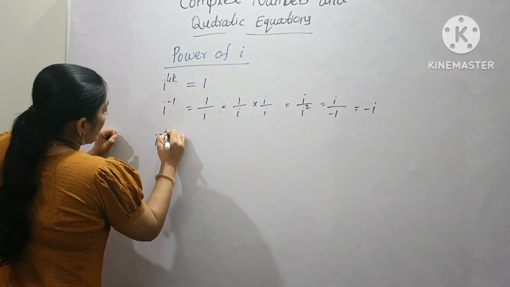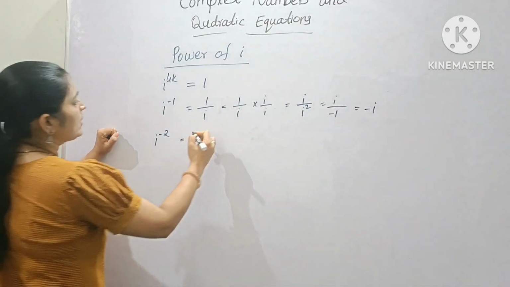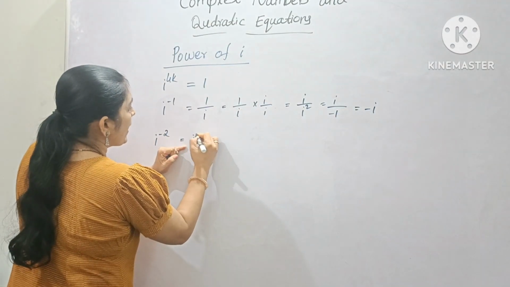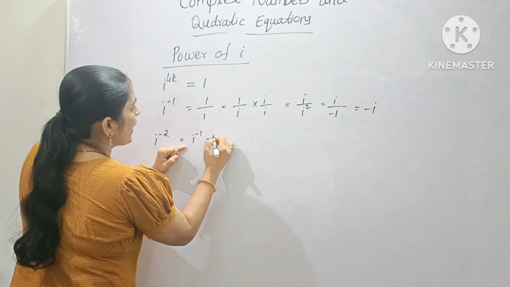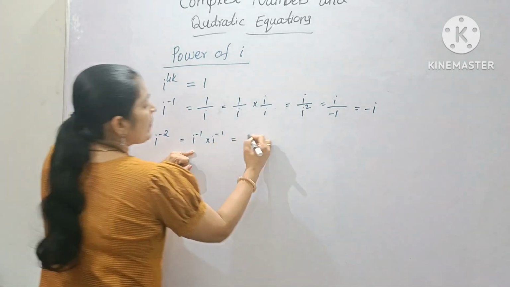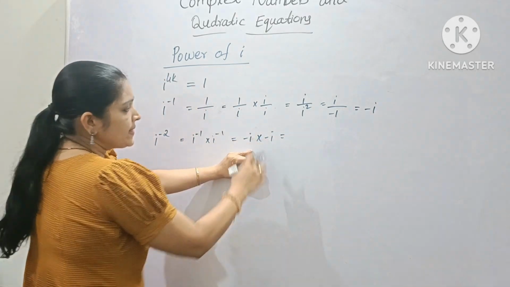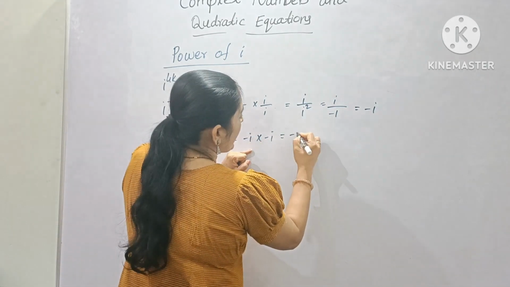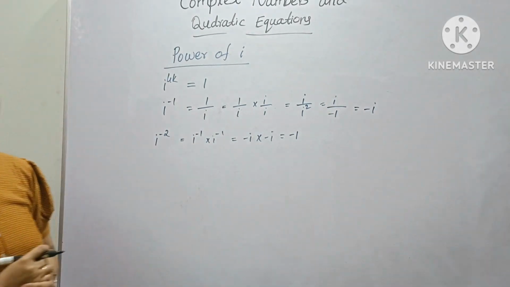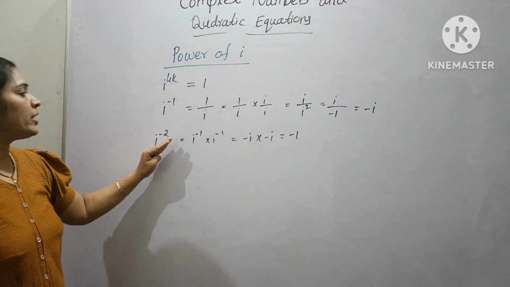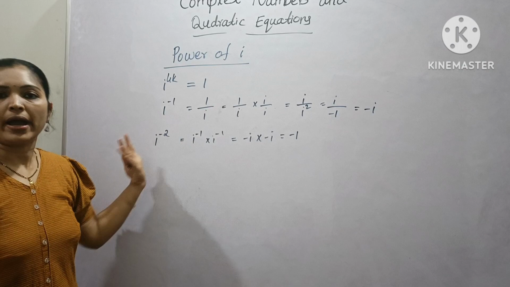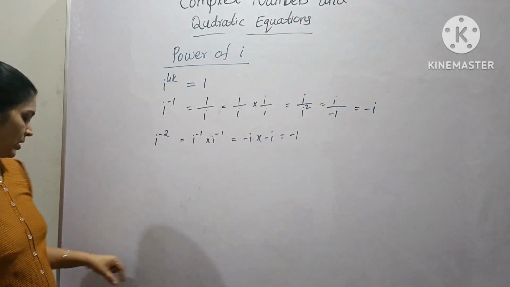Then what about i raised to minus 2? i raised to minus 2 is nothing but i raised to minus 1 into i raised to minus 1, that is minus i into minus i. Minus minus becomes plus, i square, which is minus 1. So i raised to minus 2 is equal to minus 1; i square is also minus 1.